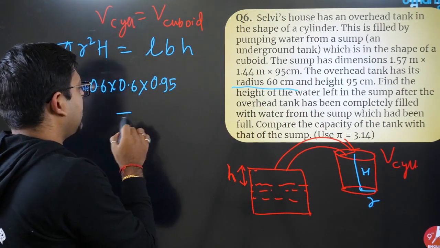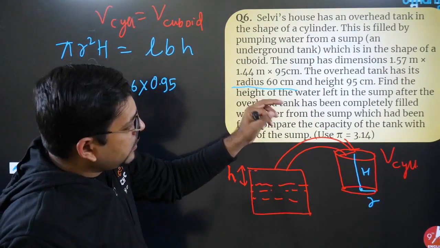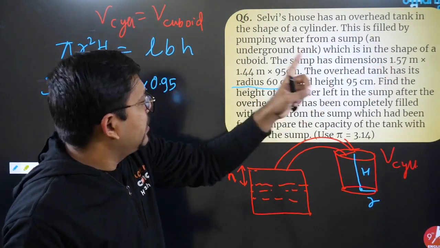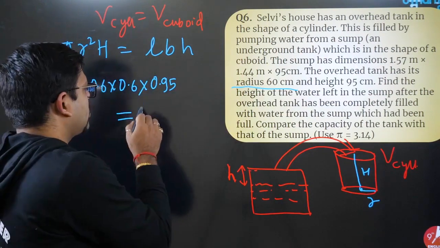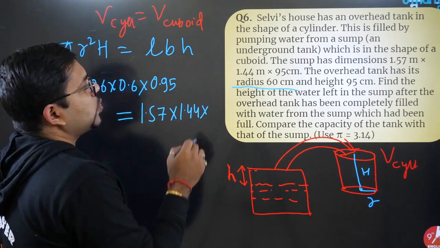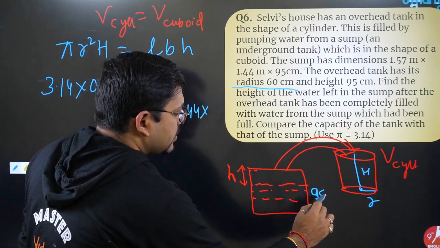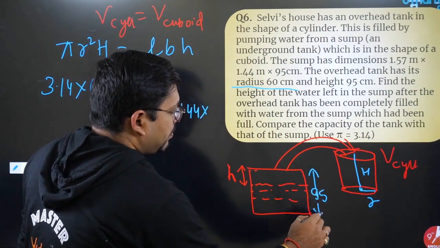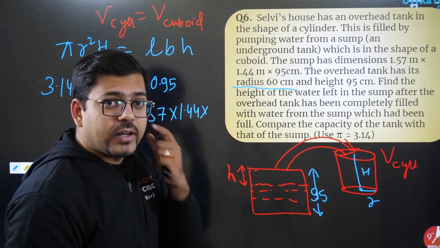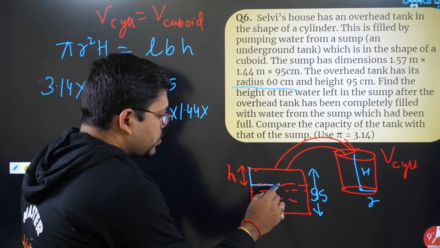This is equal to length, breadth, height. Now what is length? Length is 1.57, breadth is 1.44. So 1.57 into 1.44 into height, which is 95 centimeter for the entire sump complete. But we don't have to take that height, 95 centimeter. It's not required because only this much water has been reduced.